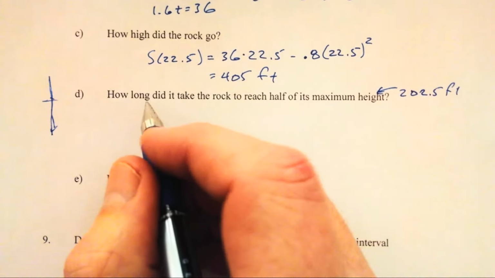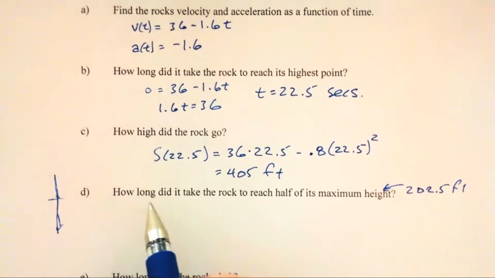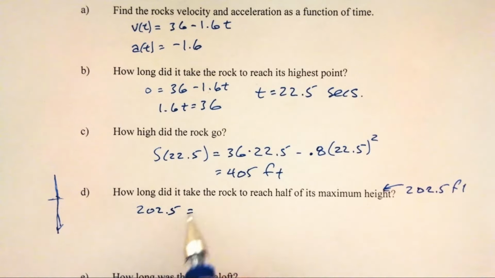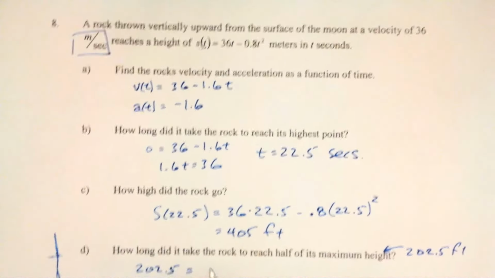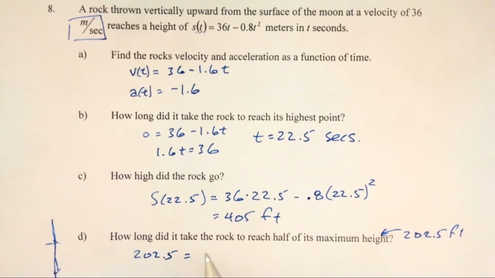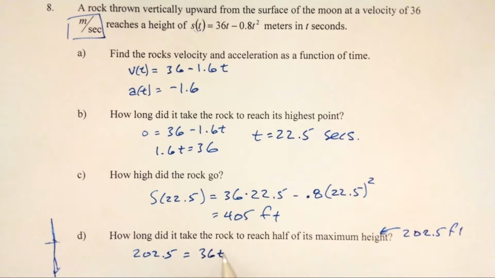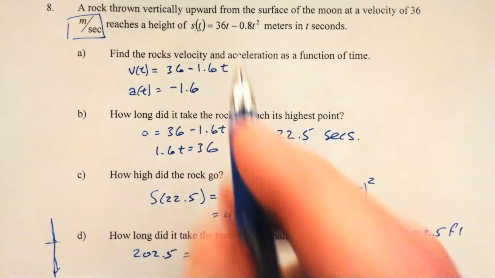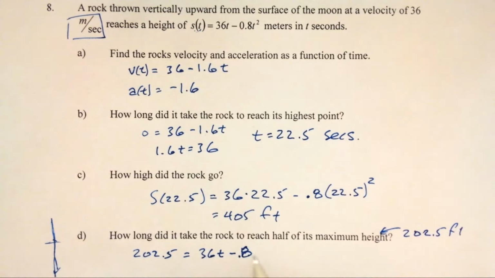So its position function again would be 202.5 equals, let's come back down here, 36t minus 0.8t squared.